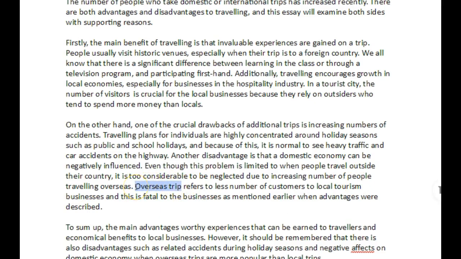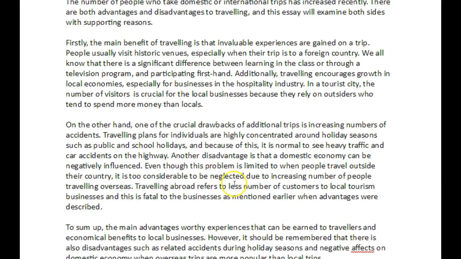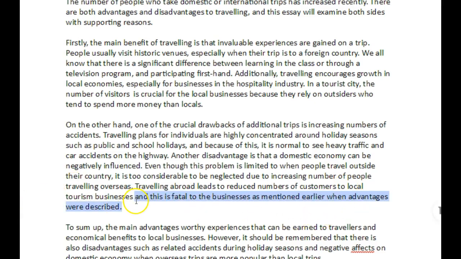Here we could say travelling abroad, because travelling abroad leads to reduced numbers of customers, so we need to talk about the fact that this happens in low tourism areas, that they end up exporting their people instead of importing new tourists.